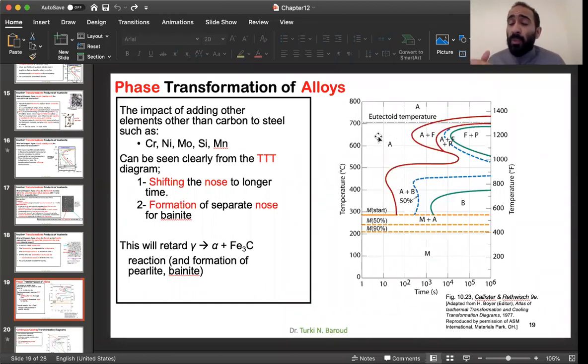That means when you add elements other than carbon, you are delaying the transformation of gamma austenite to alpha plus iron carbide, whether it's pearlite or bainite. So you are delaying this reaction. Okay.